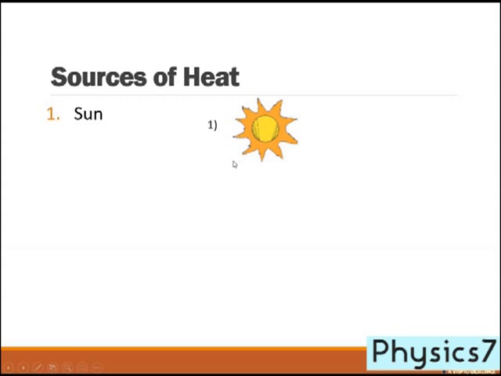And also, in terms of heat transfer, we can see that the radiation energy from the sun can be used to convert into other forms of energy, which are very useful in our everyday lives. So the sun is the major source, the primary source of energy in our solar system.